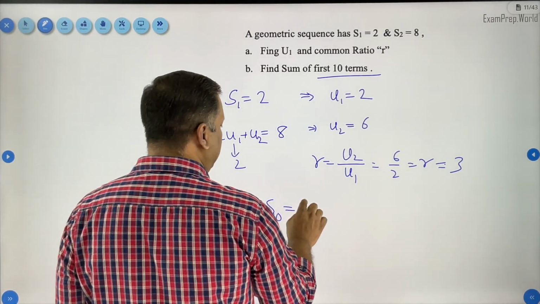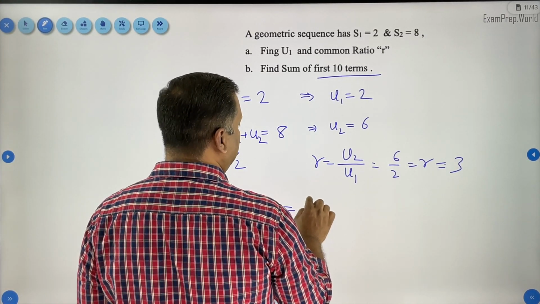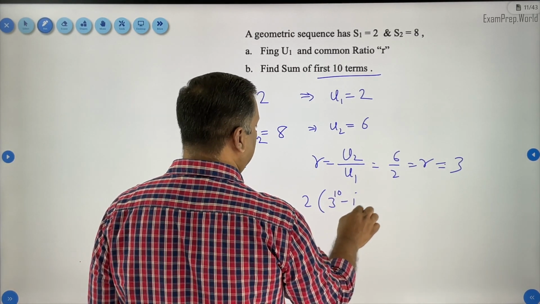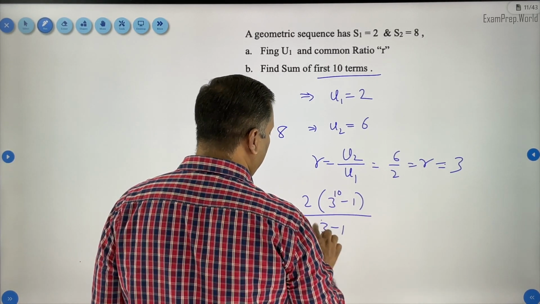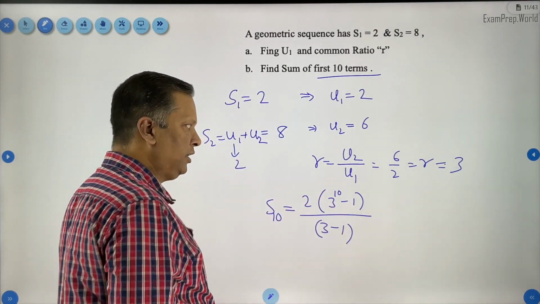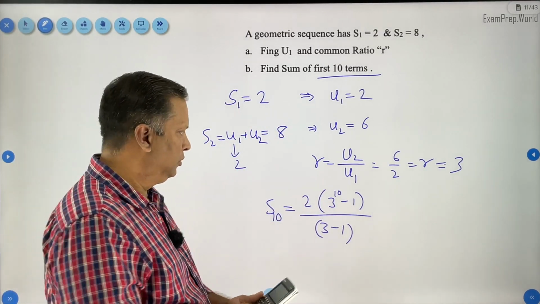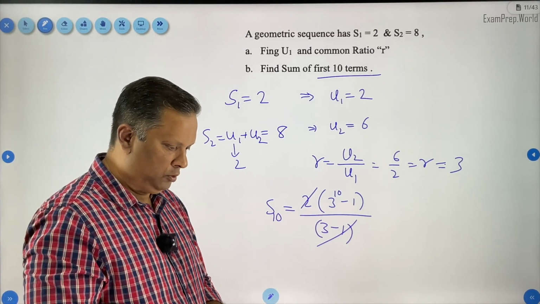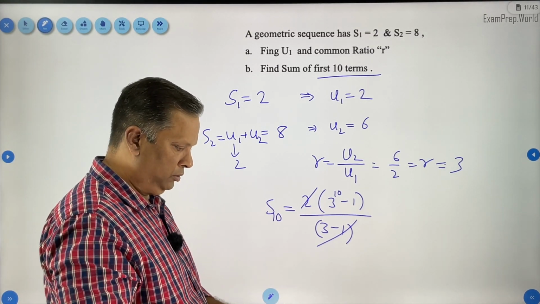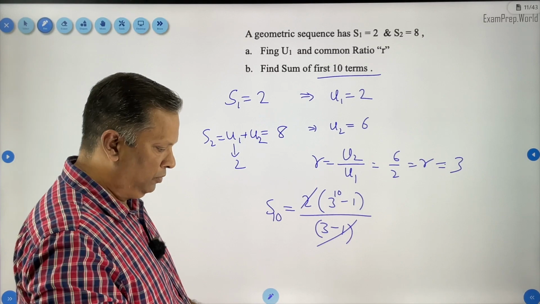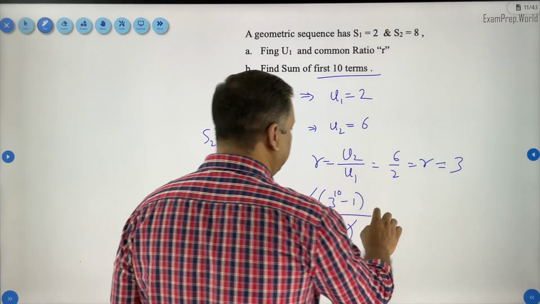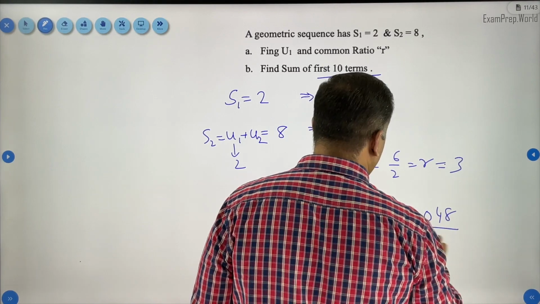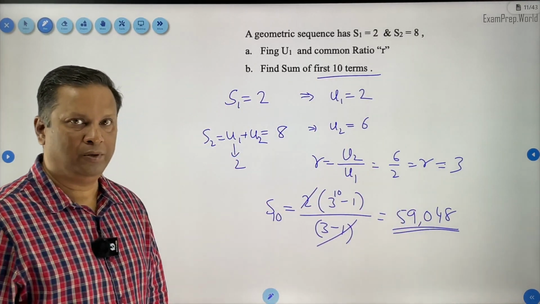So it is U1, which is 2, times 3 to power 10 minus 1, divided by 3 minus 1. So the 2s cancel, leaving 3 to power 10 minus 1, which is 59,048. That is your answer. Understood now?